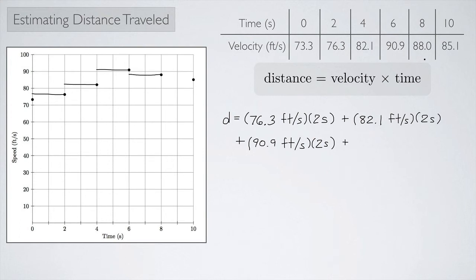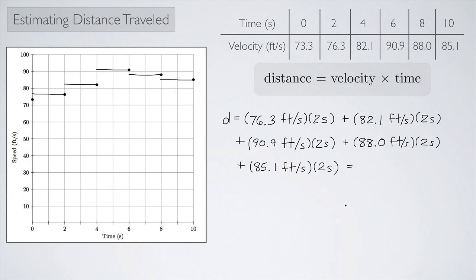This one is 88 feet per second for 2 seconds. And my last one is this one right here. Let's see, it's going to look something like that. And that one's 85.1, so that's 85.1 feet per second for 2 seconds.